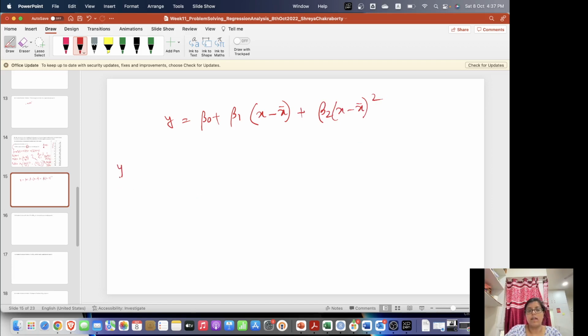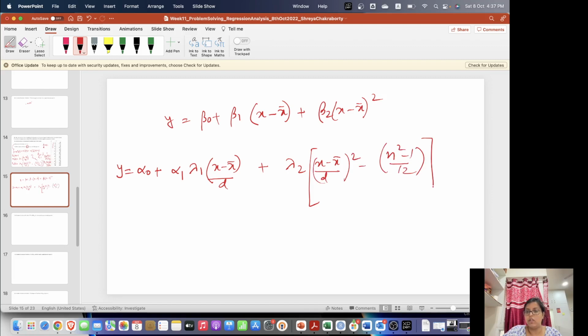And we are writing it as alpha naught plus alpha 1, P1 was lambda 1 (x minus x bar) by d, plus alpha 2 ((x minus x bar) by d) whole square minus (n square minus 1) by 12.